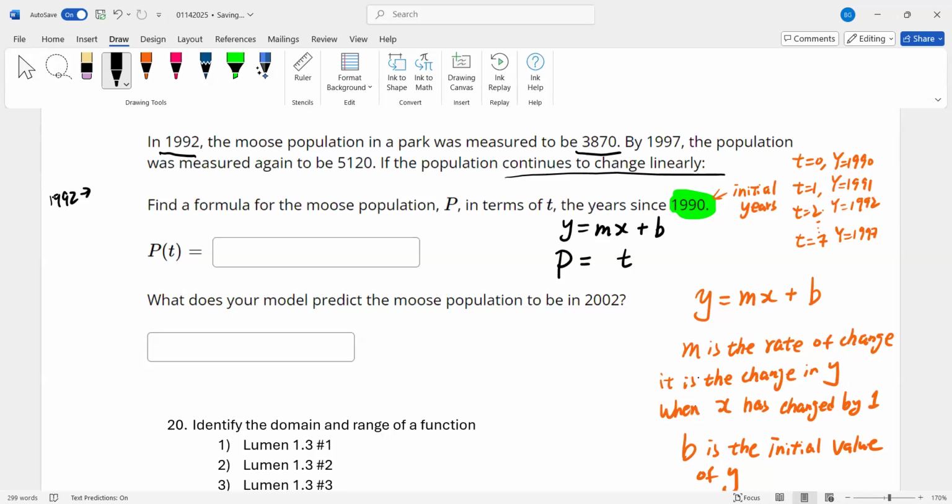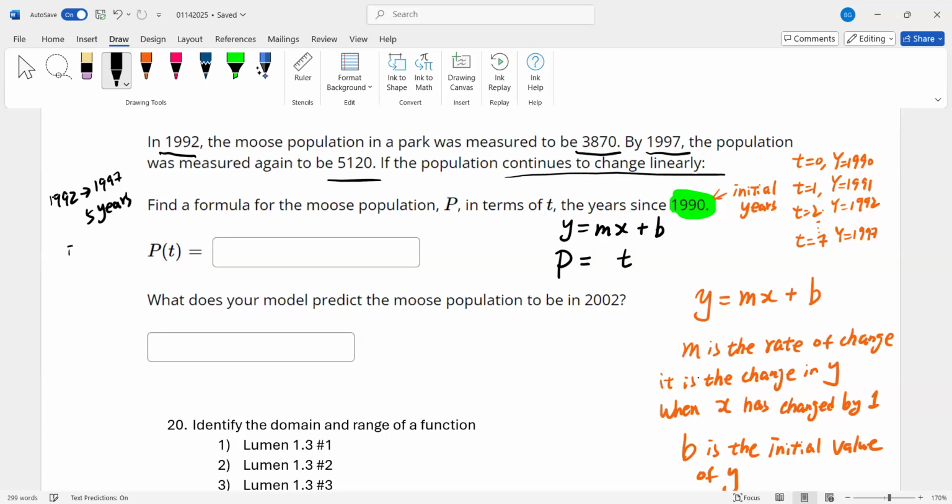From 1992 to 1997, that is 5 years. Over the 5 years, the population of the moose goes up or goes down? Or actually, it is increase.